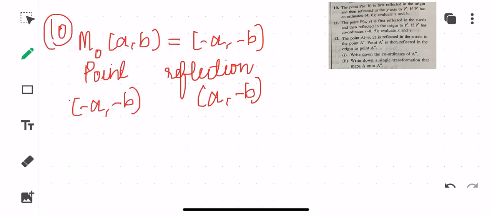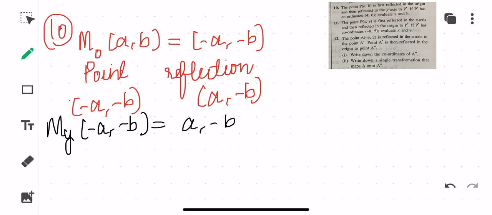You are going to write it like this: the reflection along the y-axis of (-a, -b) is equal to (a, -b).